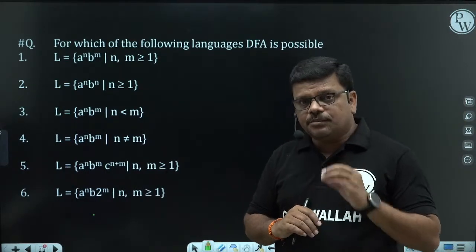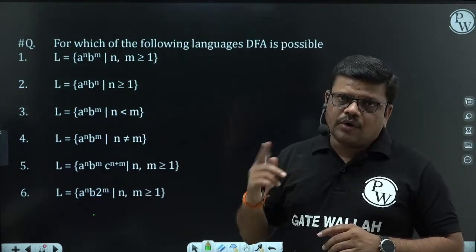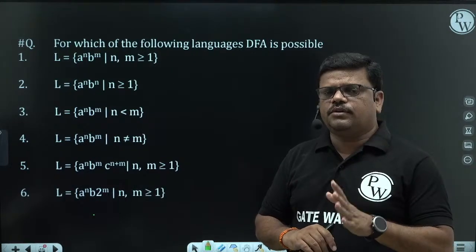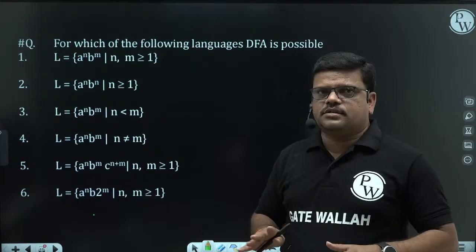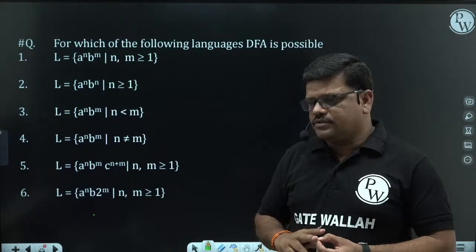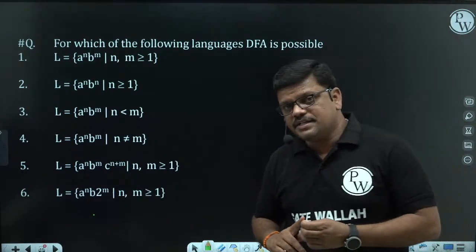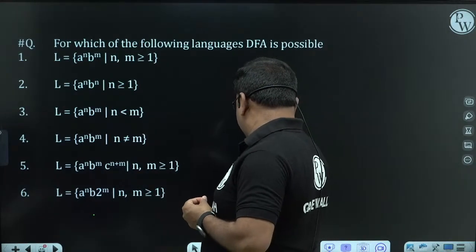Comparison between symbols exists, DFA not possible. Comparison does not exist, DFA can be possible. That is a simple fundamental rule, very easy one. So directly, blindly, don't construct. Whenever you see the language, don't construct. Observe first whether comparison exists or not. Comparison exists, DFA not possible. What does it mean? Let us see.